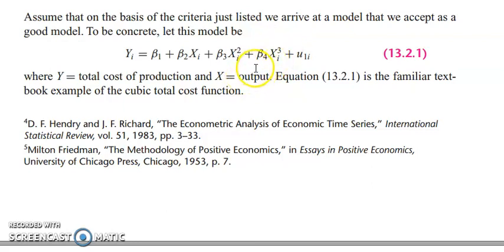And if another researcher is adding a new variable, for example beta 5 xi to the power of 4, which is not in the correct model, then the researcher is also committing a specification error whereby he or she is including an irrelevant variable.